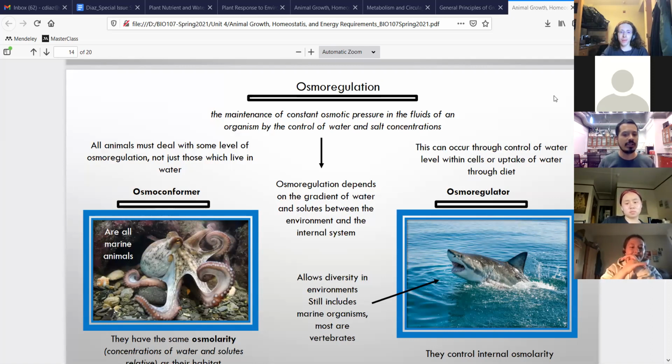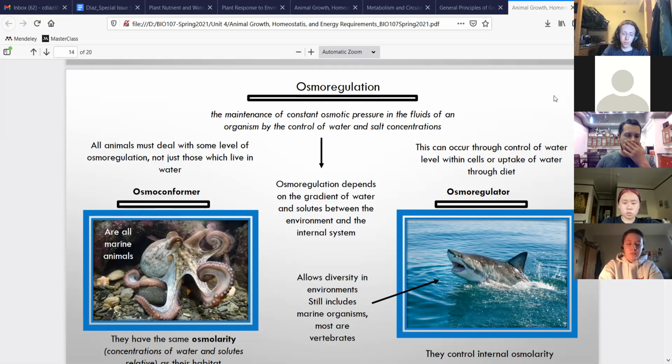But let's talk about osmoregulation. Osmoregulation is trying to control how much water and salts are in your body. There are two different ways of dealing with this, just like dealing with temperature. You have organisms that keep their body the exact same water concentration and solute concentration as their outside environment, and organisms that can't do that because they're going to die. Their cells are not capable of living in those systems.